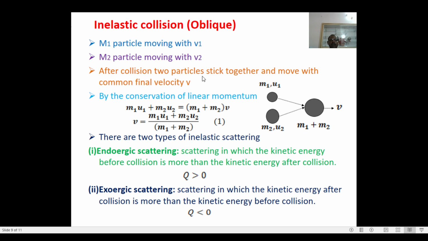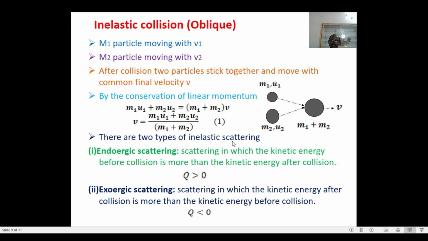After collision, the two particles stick together and move with common final velocity v. Masses are added together, and it becomes a single ball. By the law of conservation of linear momentum, m1 u1 plus m2 u2 is equal to m1 plus m2 into v. Now we can write v is equal to m1 u1 plus m2 u2 divided by m1 plus m2. Call it equation number 1.